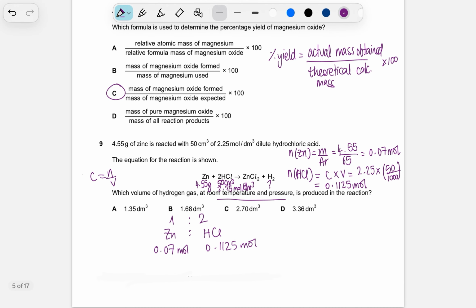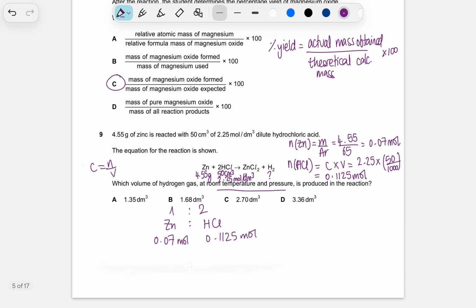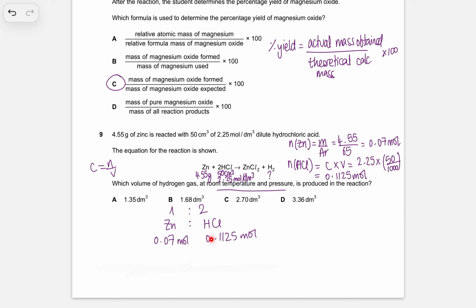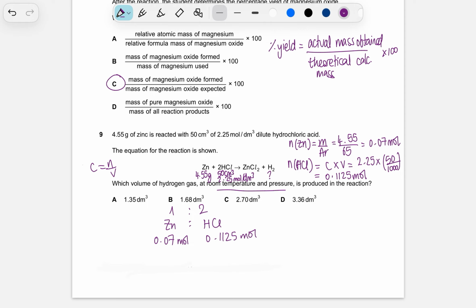To identify which reactant is limiting or in excess, what I normally do is cover the information given by one of my reactants. In this case, let's imagine they never told us the number of moles of hydrochloric acid, and we were only given the zinc moles.